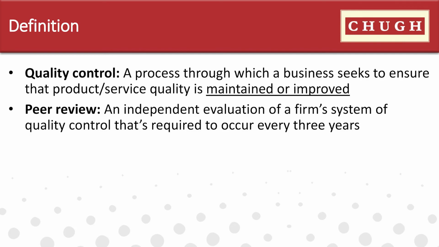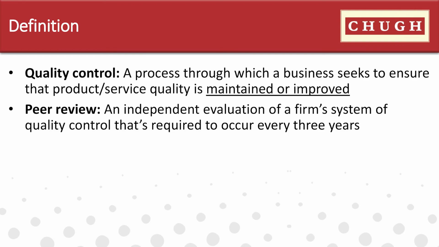Let's go back to the definition of a peer review. Peer review is defined as an independent evaluation of a firm's system of quality control that's required to occur every 3 years. If you notice, I underlined the quality control in the definition of peer review. This is how peer review ties in with quality control.